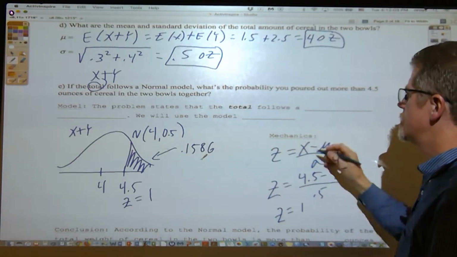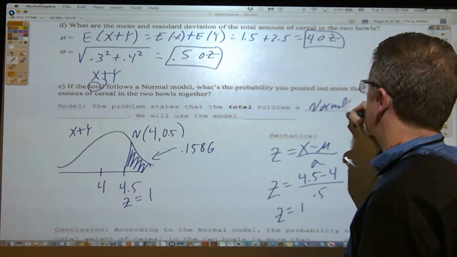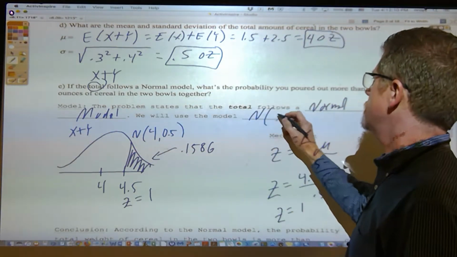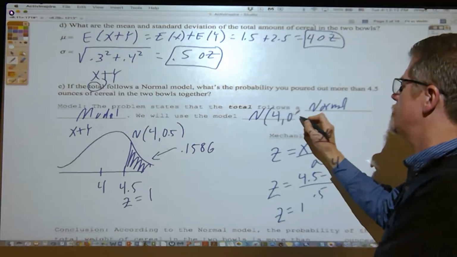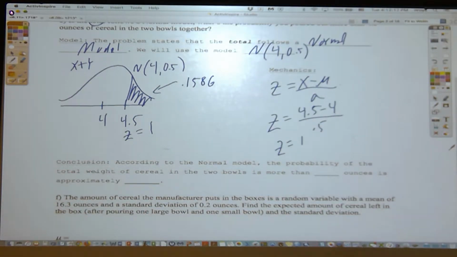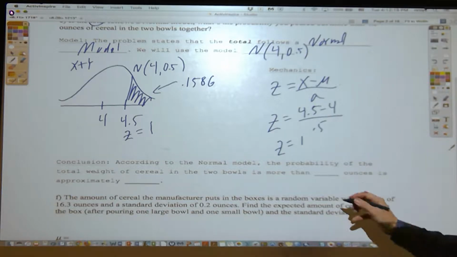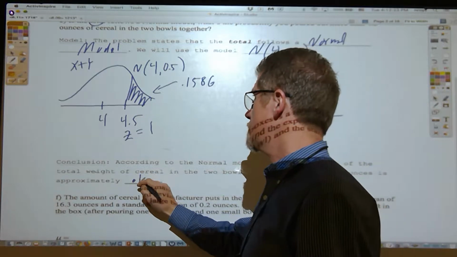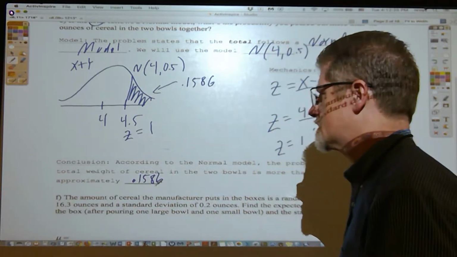So we are going to, total follows a normal model. We'll use a normal model with a mean of 4, standard deviation of 0.5. And probability that comes out to be more than 4.5 ounces is approximately 0.1586.